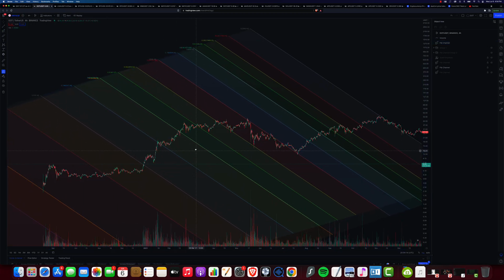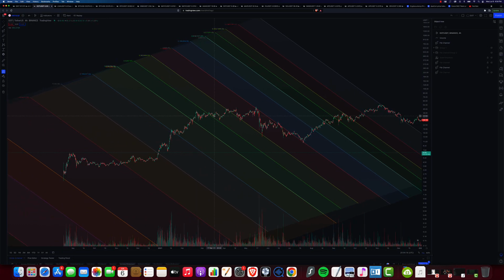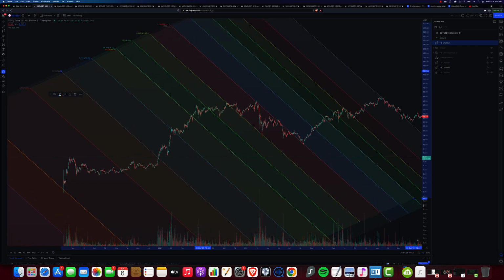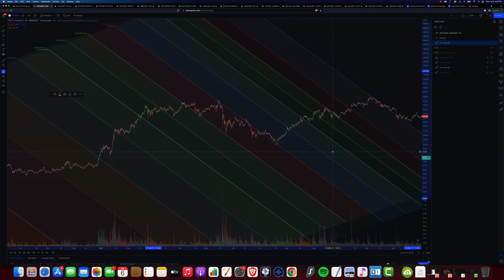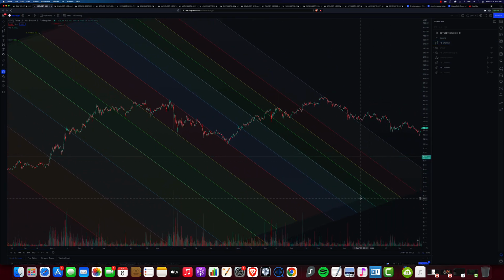All right. I'm doing this really quickly, but if you're making the chart for yourself, you want to try to get it as accurate as possible.